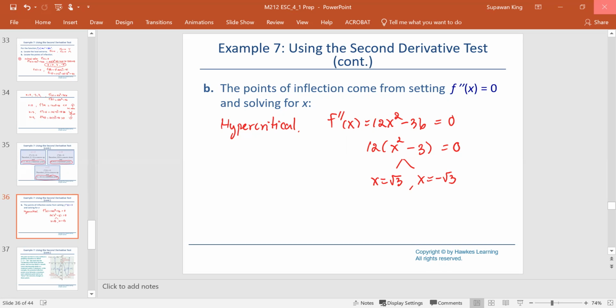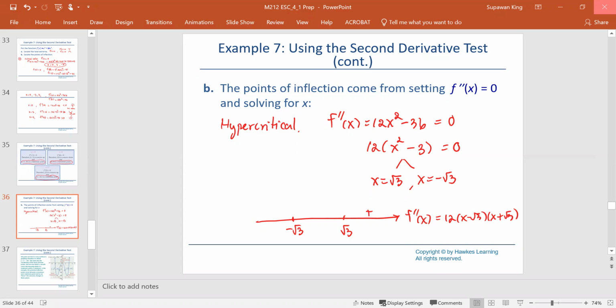And to find out the sign of f double prime, whether it changes from one sign to another from the left to the right side of each hypercritical value, f double prime is 12 times (x minus square root 3) times (x plus square root 3). On the right side of square root 3, any value greater than square root 3 gives the positive sign for the second derivative.